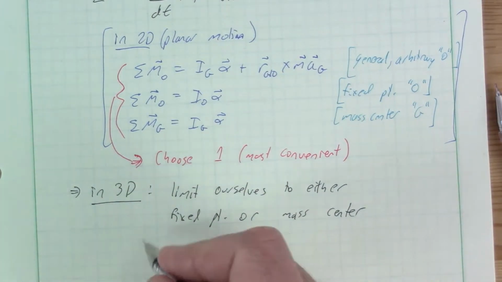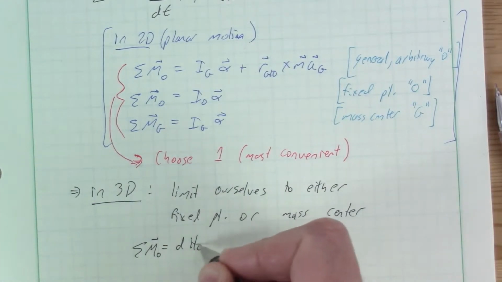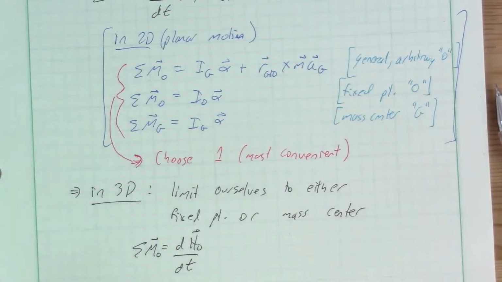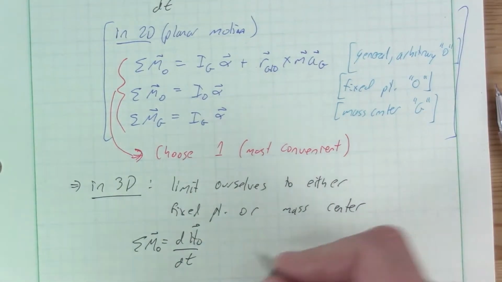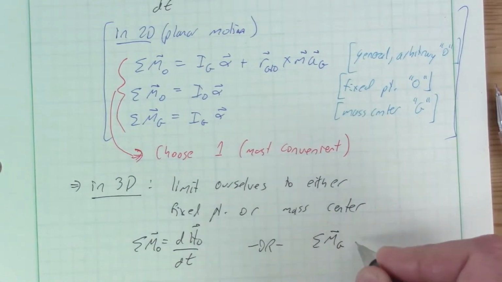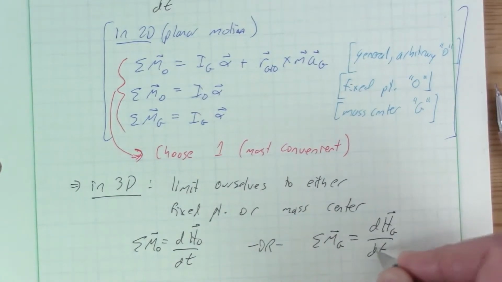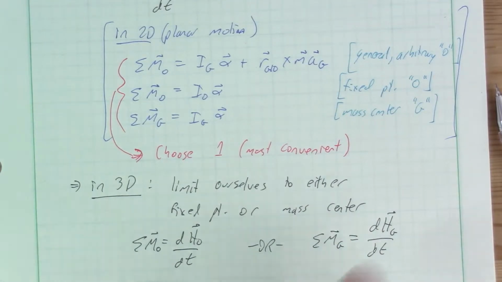Okay, so in that case, we have the sum of the moments is just the rate of change of angular momentum, or the sum of the moments about the center of mass is the time rate of change of the angular momentum about our center of mass. All right, those are the 2 versions that we'll consider.